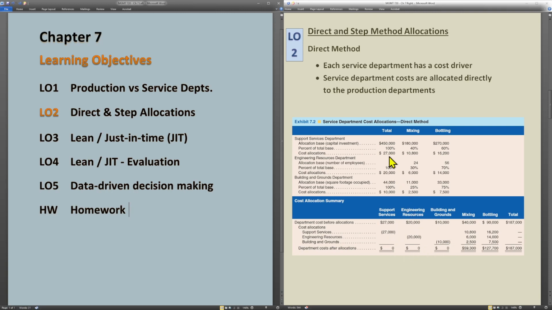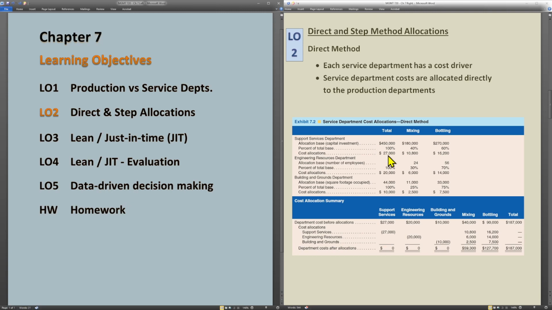Here, remember, each department is going to have its own cost driver. The cost driver here, and of course they always have to have a new name, they call it the allocation base, is capital investment. Now, we're not using these numbers. This is just the numbers that we come up with, the percentages. If mixing uses $180,000 of capital investment and bottling uses $270,000, well, that's a 40-60 split on the thing that we're using to allocate.